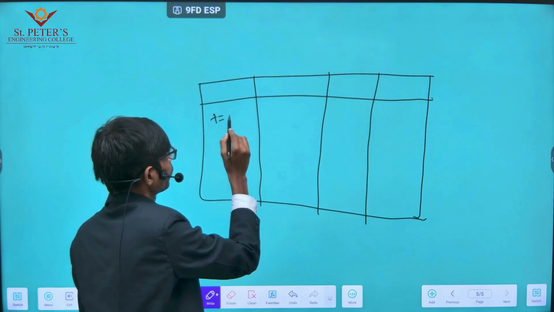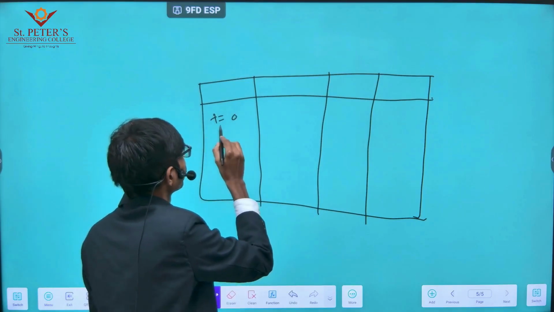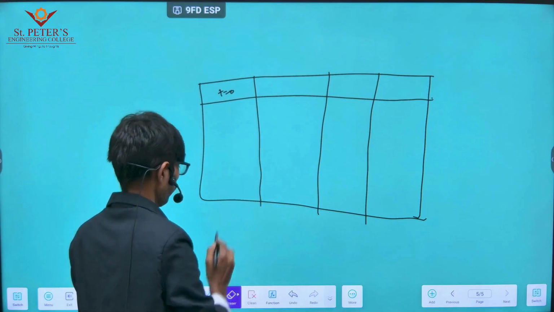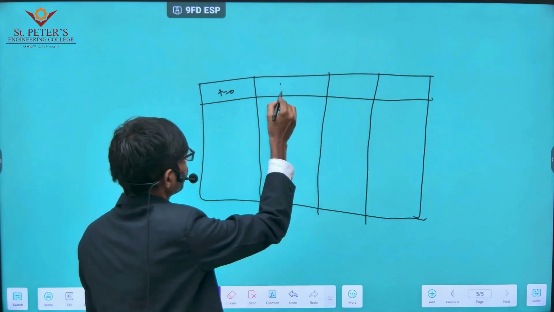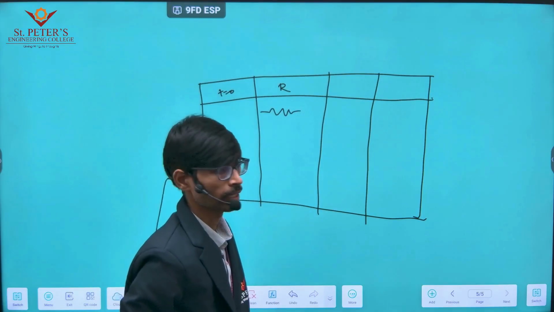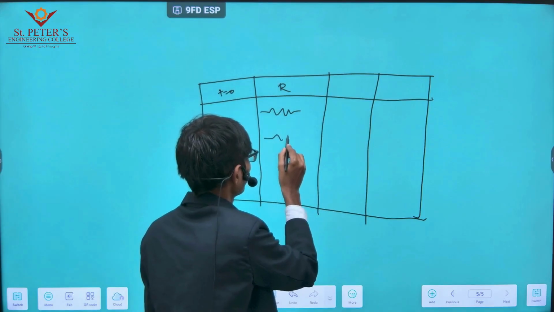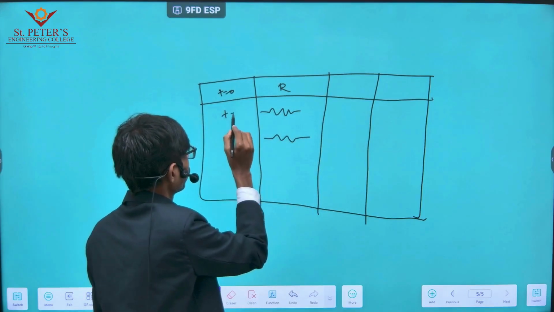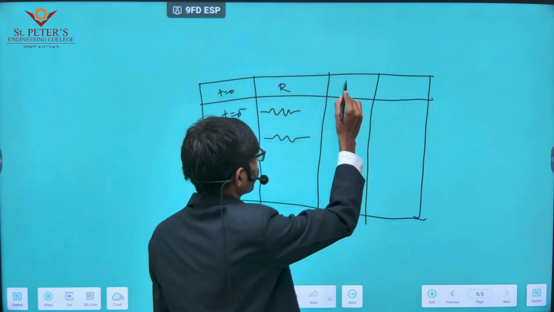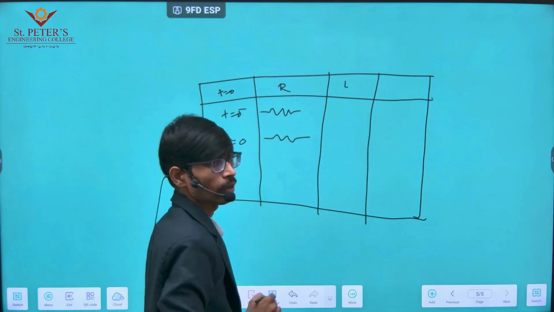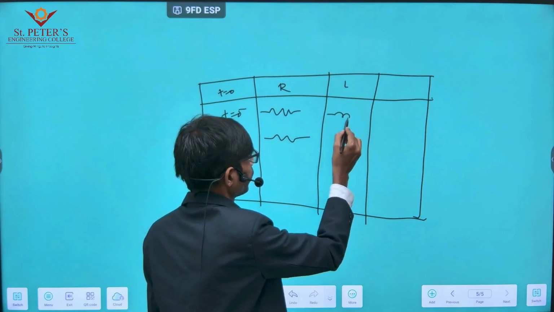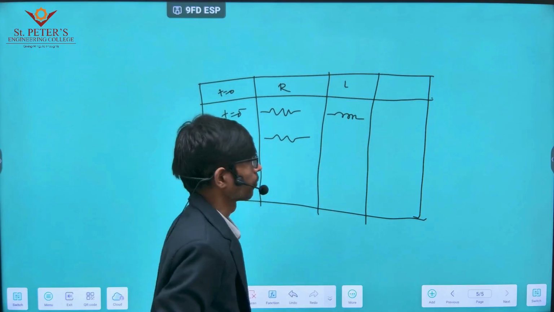At t equal to 0, when it is R, the resistor will act as the same thing, a resistor, at t equal to 0 minus and t equal to 0. Coming to the inductor L, just before switching on, at t equal to 0 minus, the inductor will act as an inductor only.